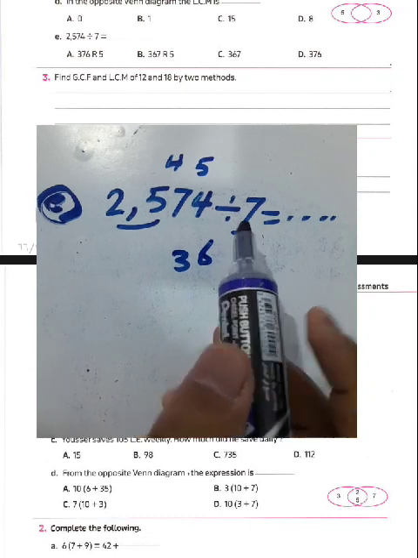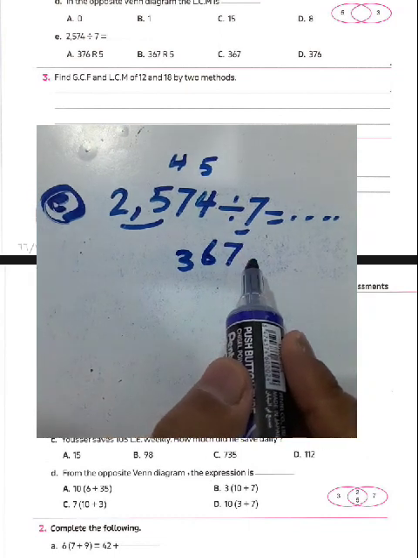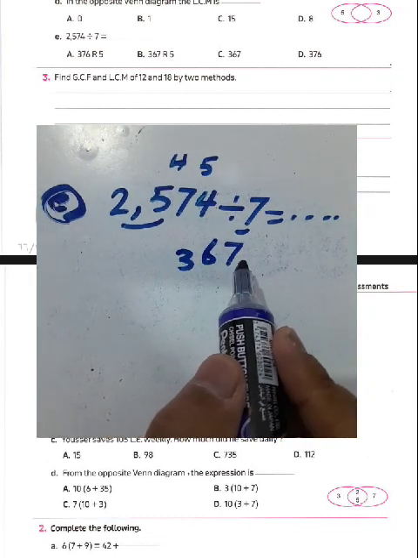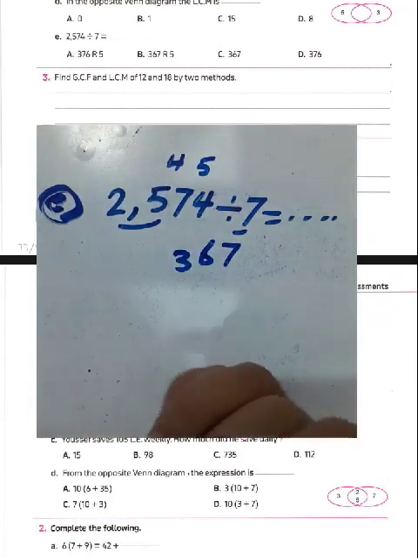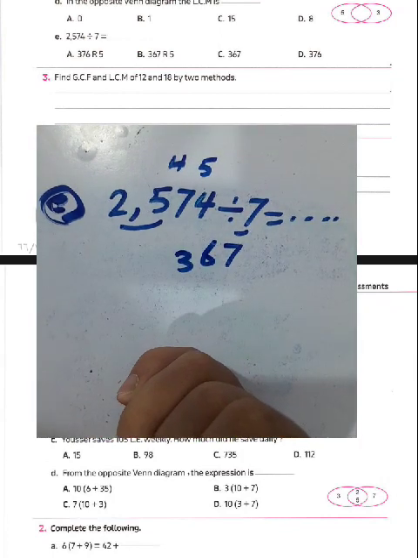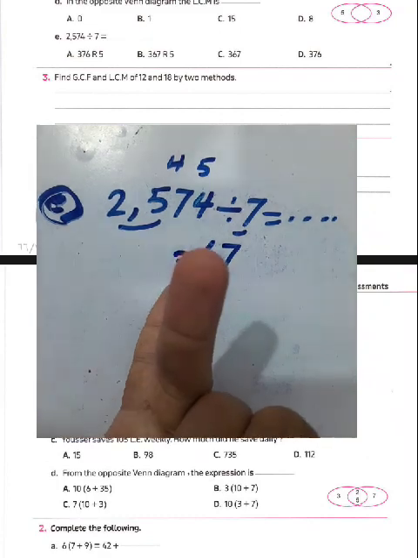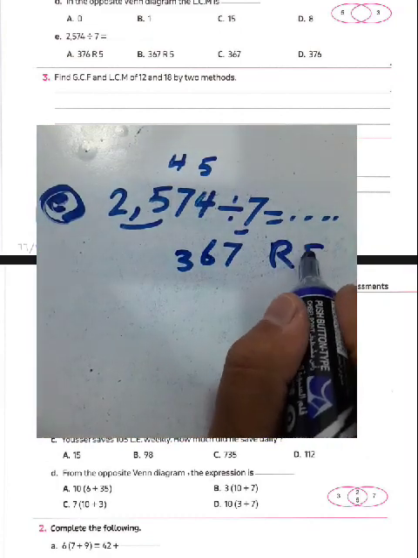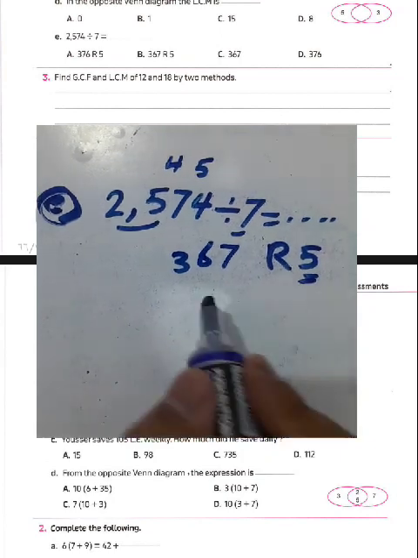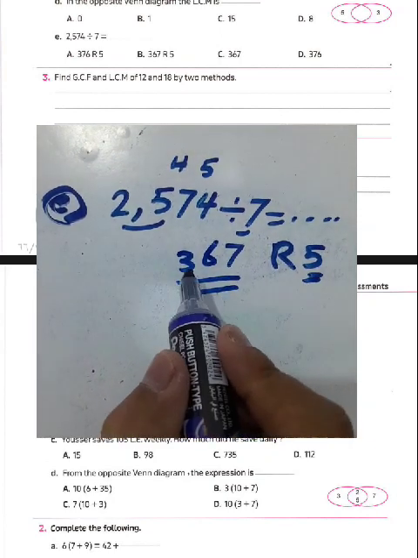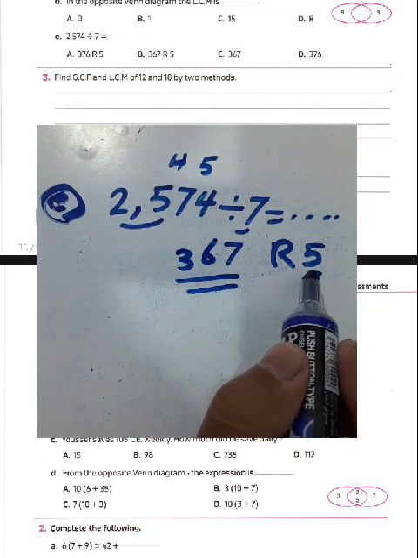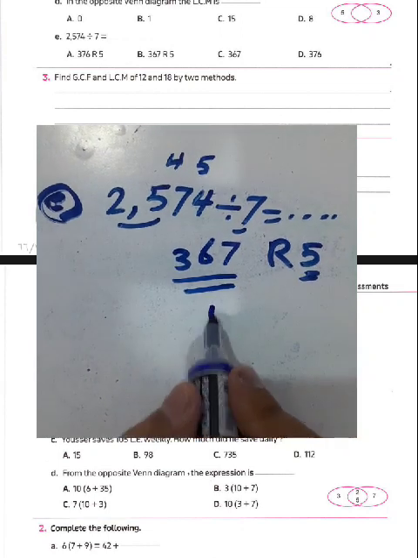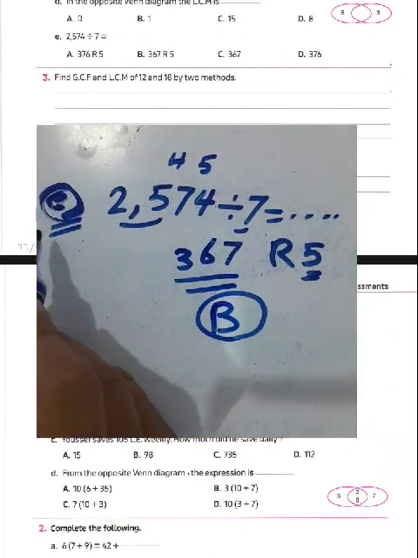But 7 times 7 equals 49. Count from 49 to 54: 50, 51, 52, 53, 54. The remainder here will be 5. Then the result will be 367 and remainder 5. Choose letter B about letter E.